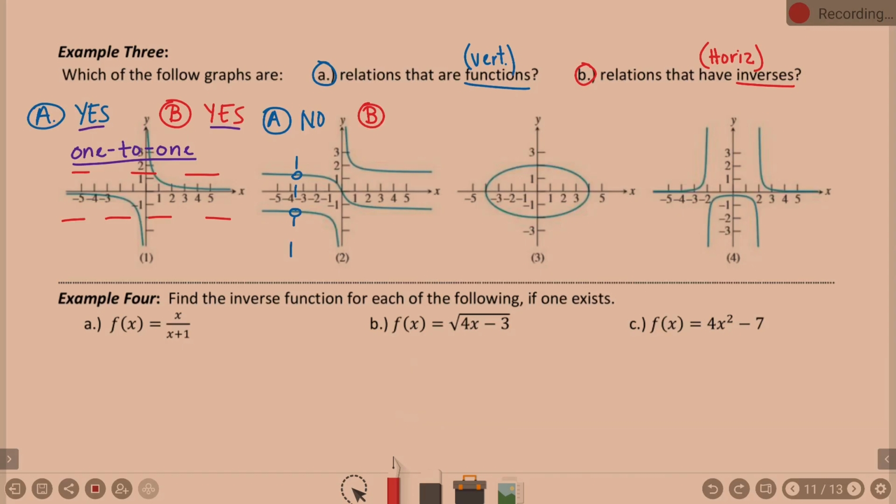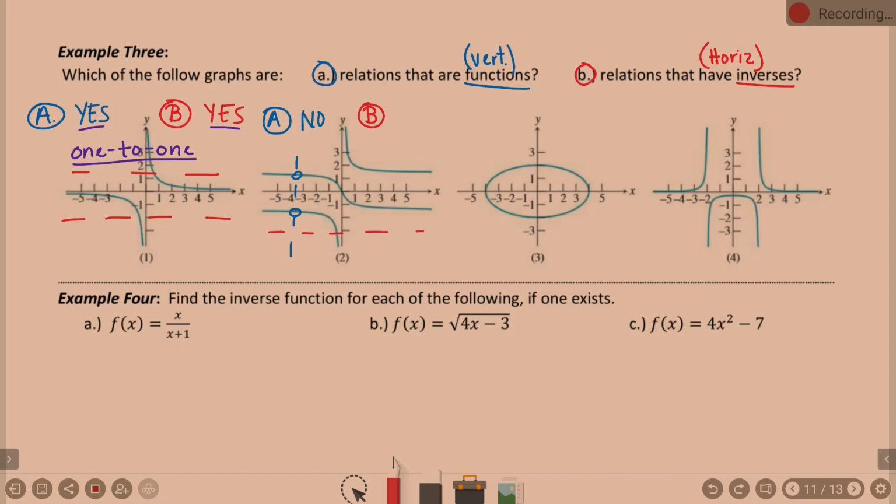B. Does it have an inverse? I can't tell. It has to pass both tests. It doesn't pass the first one, does it not have the second one? It can have an inverse and not be a function. I'm going to go with yes. Does it pass the horizontal line test? Yes. Like here, it crosses once.